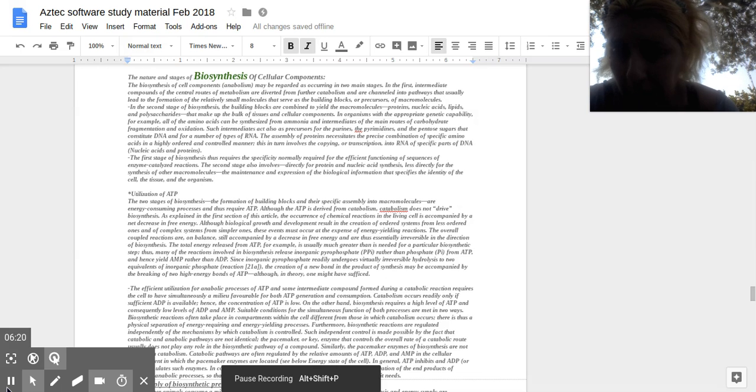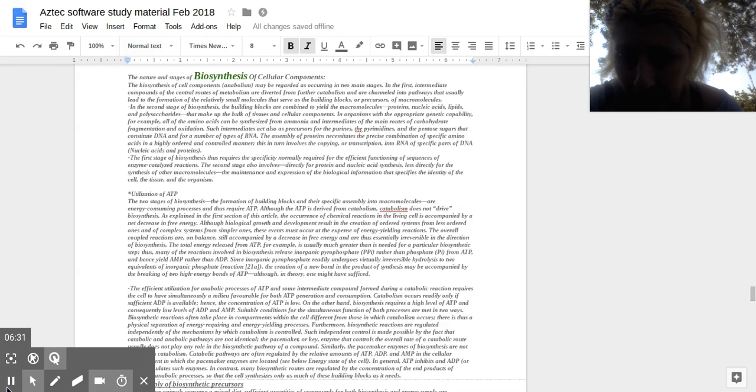Utilization of ATP is the following. The two stages of biosynthesis, the formation of building blocks and their specific assembly into macromolecules, are energy-consuming processes and require ATP.